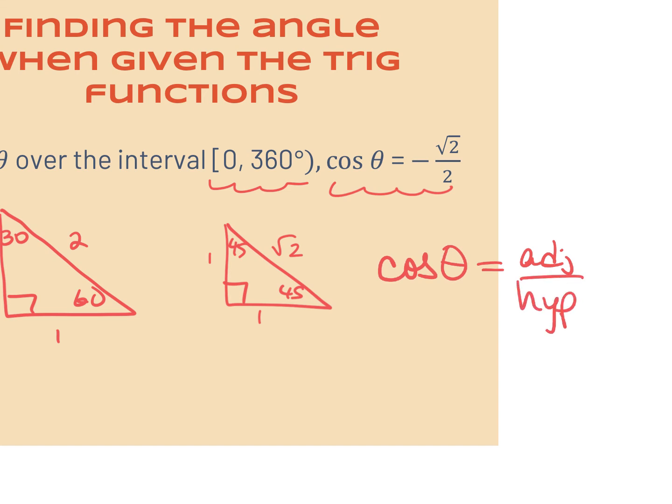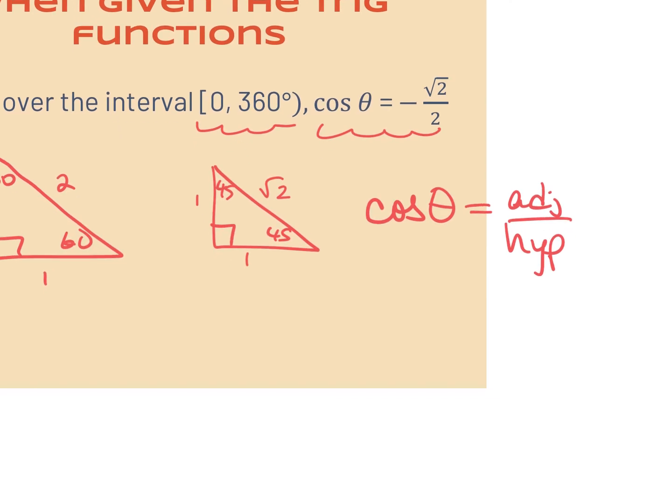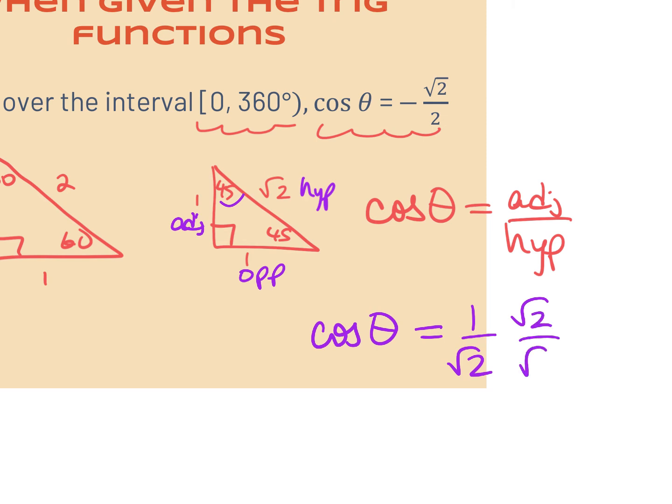So just to show you what they're doing here, if I take my sides, and it doesn't matter which one, let's say I label them in relation to this 45. This could have been opposite, adjacent, hypotenuse. So cosine theta is equal to adjacent over hypotenuse. You got to rationalize. You get root 2 over 2. But we've already seen that when we see root 2, it's 45.